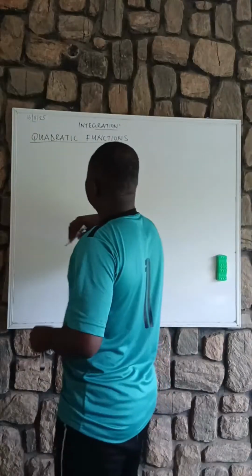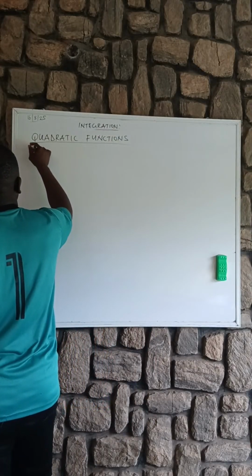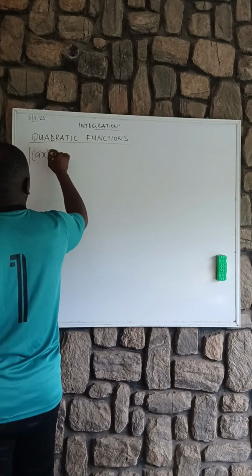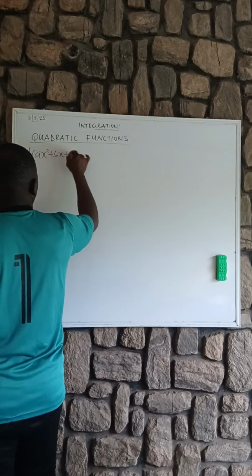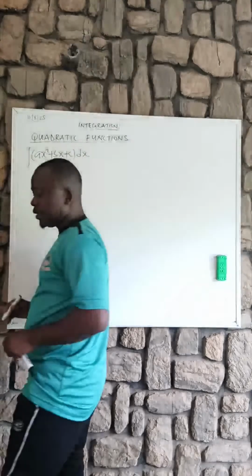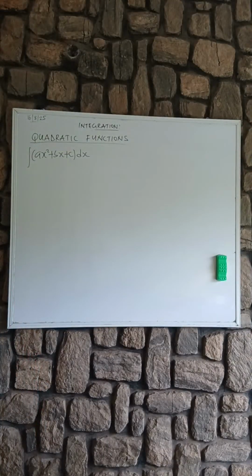Quadratic functions are of this form: the integral of (ax squared plus bx plus c) dx. These are quadratic functions. Are you following? You don't need a prophet to tell you.